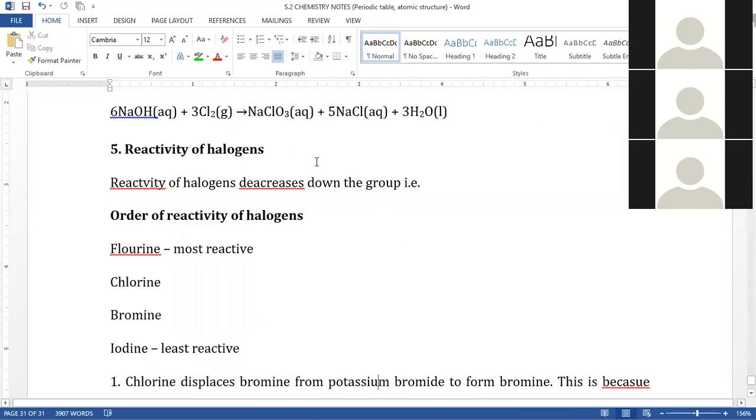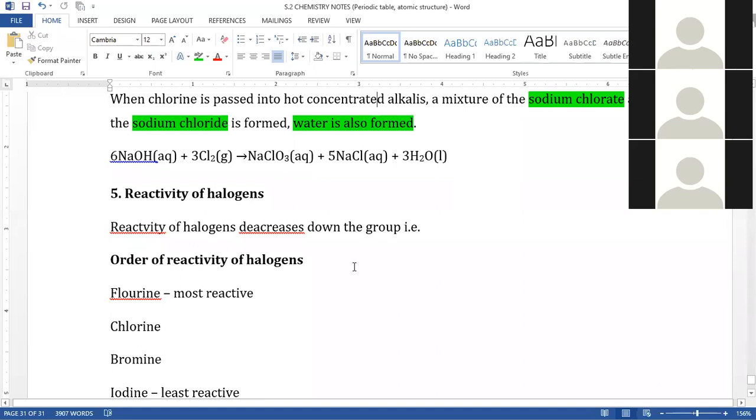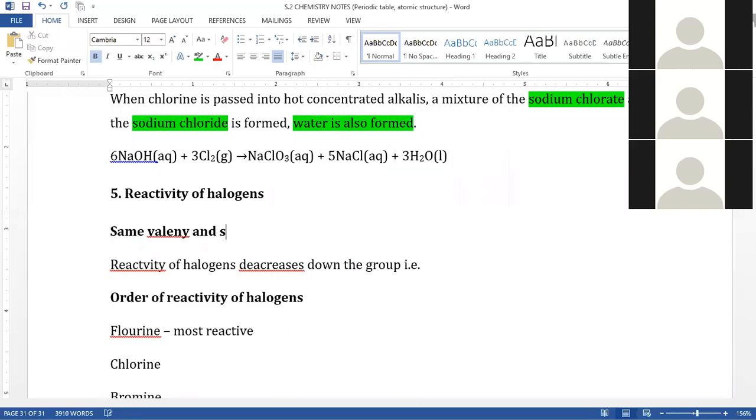So in order for elements to be in a particular group, first of all, they must have the same valency and they must have the same number of electrons in the outermost energy level. But for bromine and iodine, the one for bromine is 1. My question is that in order for one element to be... I think you need to first hold on, then probably when your network is okay, you can ask. Get it?